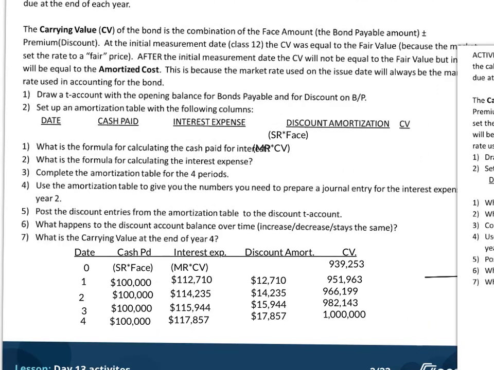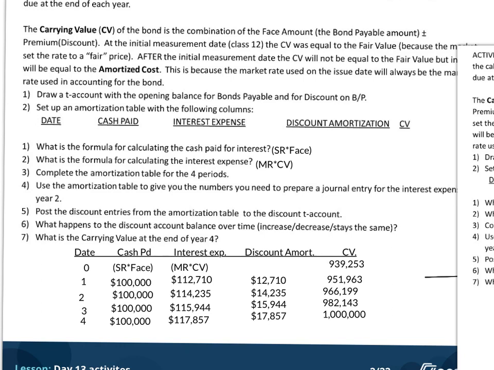All right, so there's the amortization table. It's not the prettiest in the world since I did it freehand, but it works. You can check your numbers with it. So I said you want to post those discount entries from the amortization table to the discount T account.